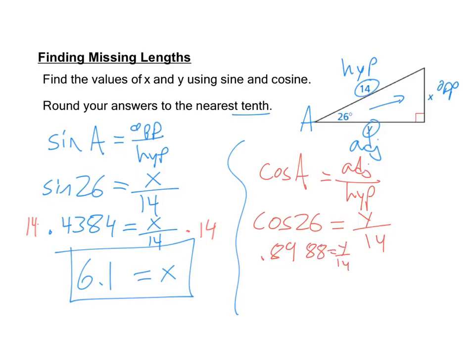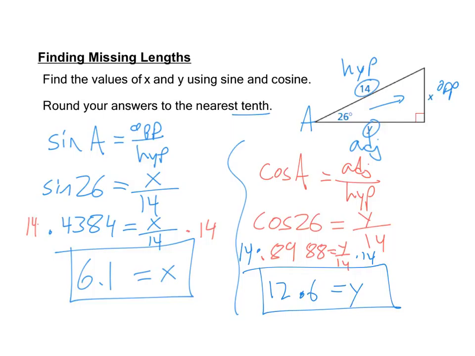And we've got a 14 on the bottom. We want to get that 14 out of there. So it's dividing by 14. The opposite of dividing is multiplying. So let's multiply. Now be careful when the variable's on the bottom. We have to do a little cross multiplying like we did with tangent. So 12.58, which will round to 12.6, is our answer for y.